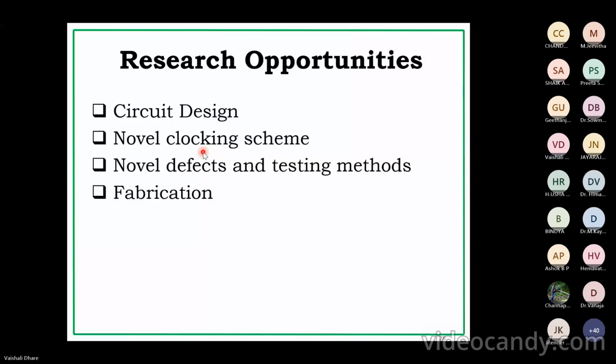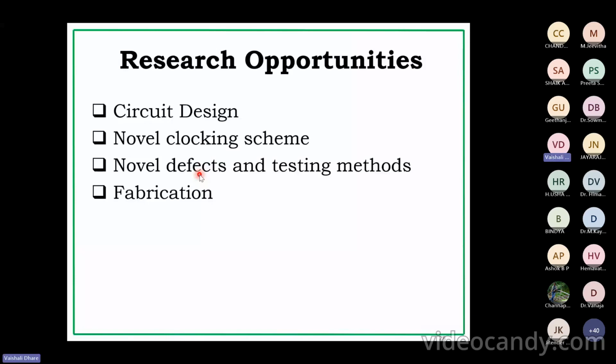Next, defects are stated and available in the literature. But what you can do is propose a new or novel defect. Obviously, if a defect is present, you need to go for testing, whether the defect occurs or not. Testing will prove it.